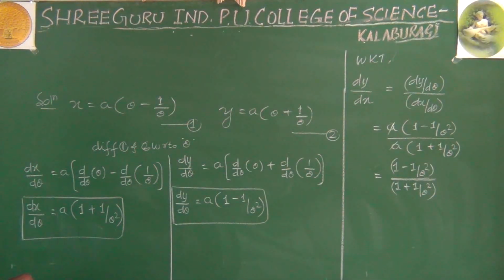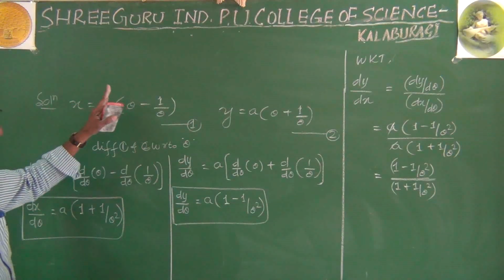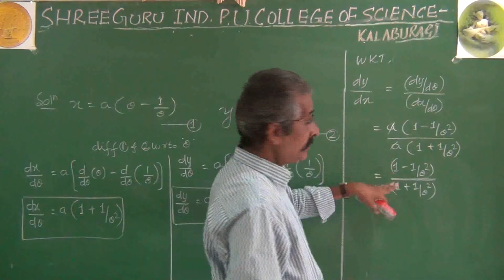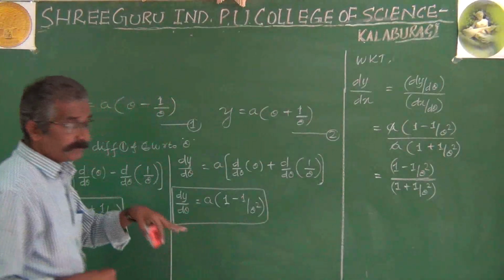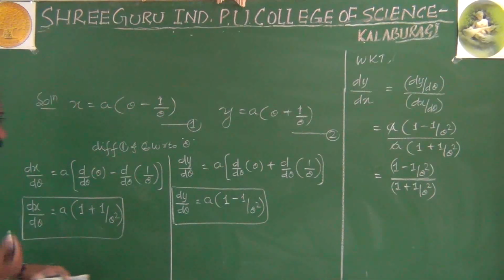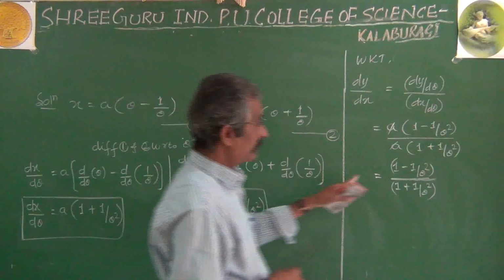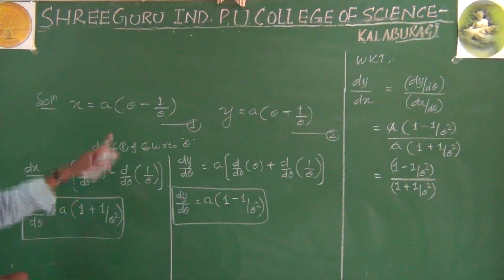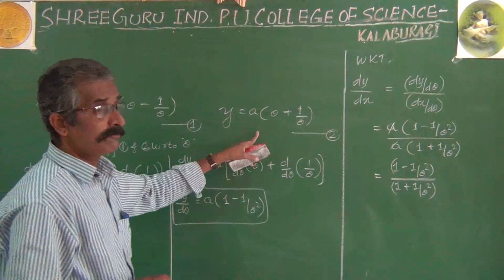And in this problem, there is a chance that your question will be like this: show or prove that dy by dx equals x divided by y. If that were given, it means on the right hand side we have to present the value of x as well as the value of y.